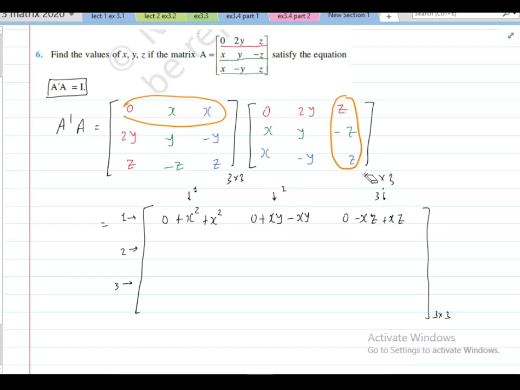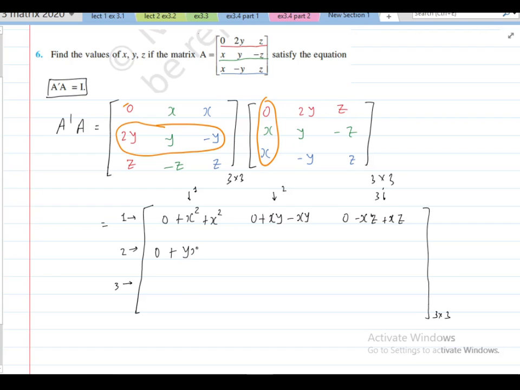Clear? Now let's move to the second row. Second row, first column, multiply: 2 into 0 is 0, 0 into y, x into y is xy minus y minus xy.